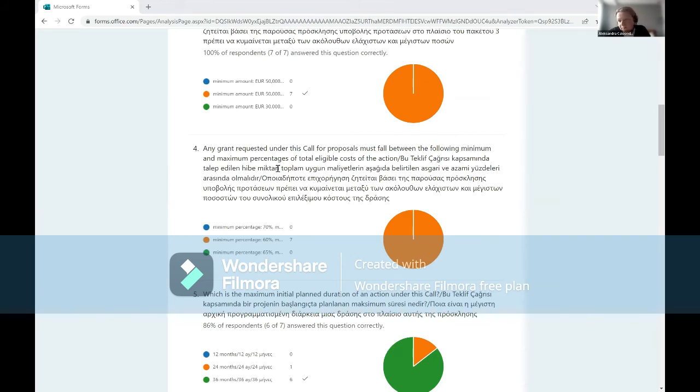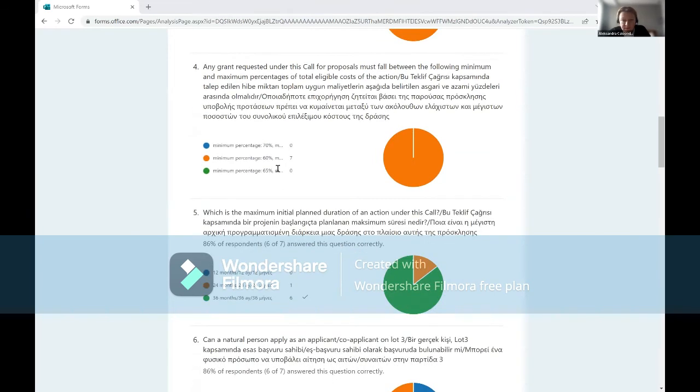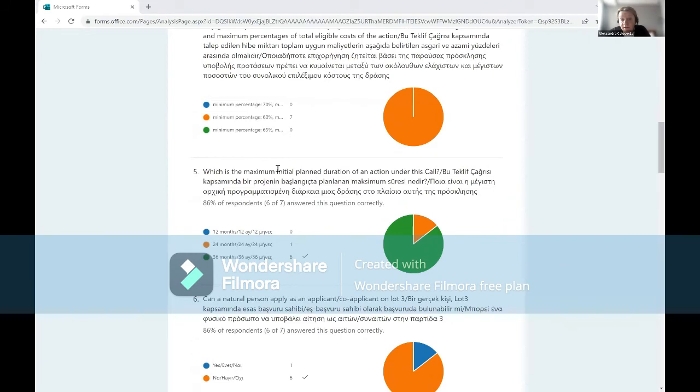So it seems that this is also understood by all who took part in this quiz. Question number 5: what is the maximum initial planned duration of an action under this call? There was one mistake here. So the maximum duration that you can plan is 36 months, 3 years in general for lot 3. So just to clarify that.